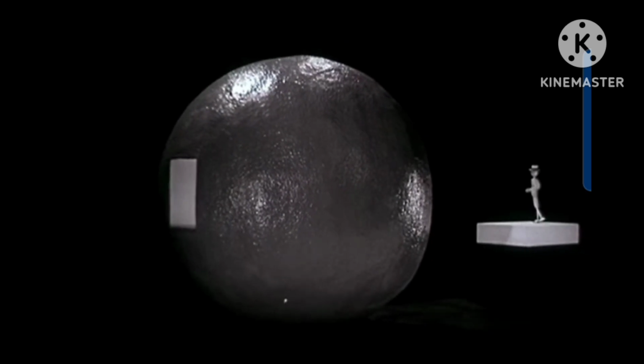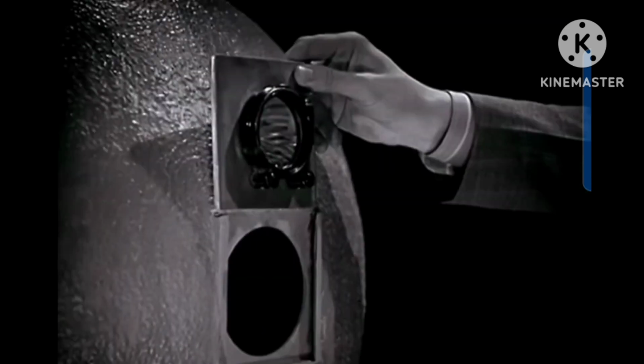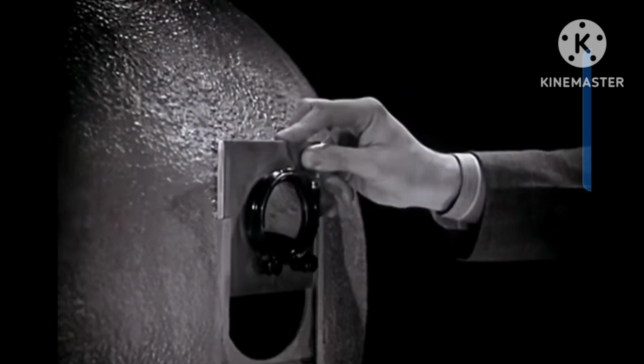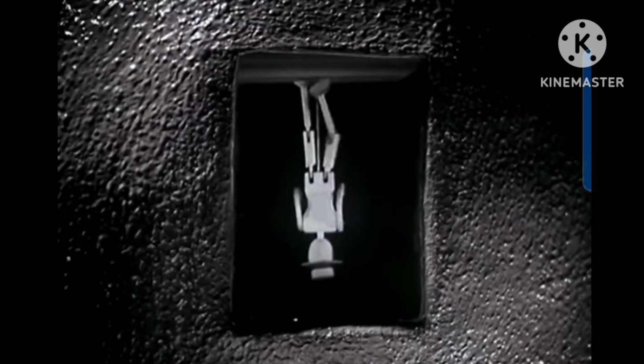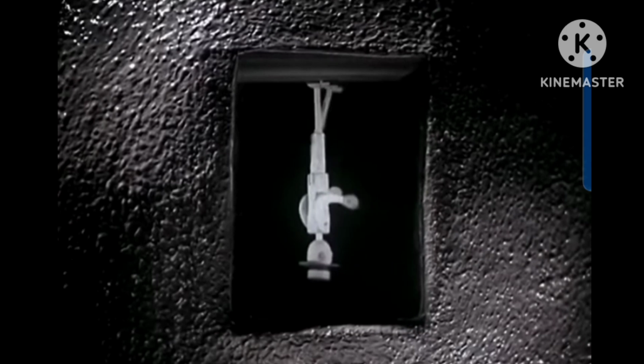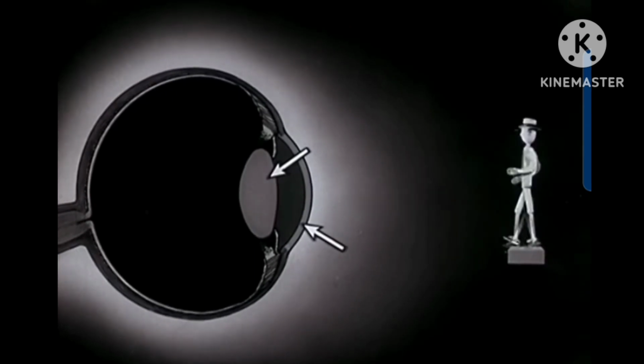Rays from the object are so mixed and confused that we see nothing but a blur of changing light. But when we put a lens in the camera, rays of light from the object are controlled. They are bent and aimed at correct points on the retina. That is why we have a lens and cornea on the eye to bend or refract the rays.